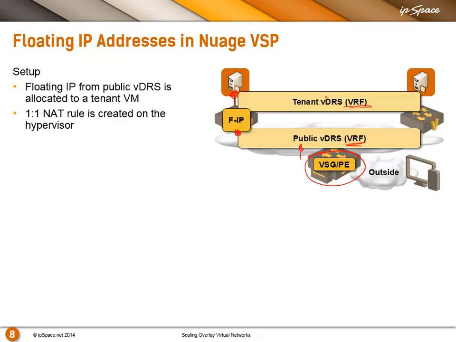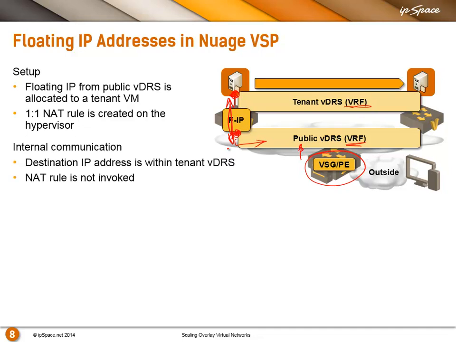A very simple thing is done. A one-to-one NAT rule is created on the hypervisor where the VM sits, because this is a one-to-one mapping between the outside public IP address and the VM private IP address. And then this hypervisor advertises this public IP address to the outside VRF.